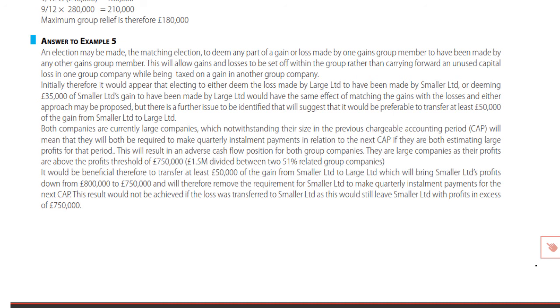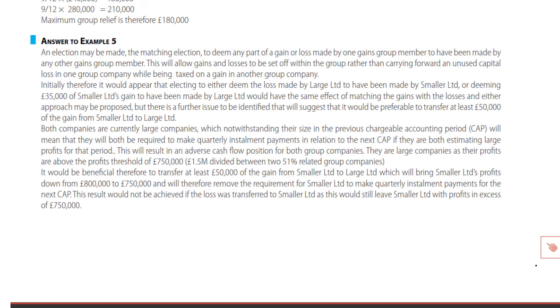So doing there with your gains, what you'd be doing with group relief of losses, whereby what are our objectives? We're trying to get relief at the earliest available opportunity. We are trying to ensure that we are able to get a cash flow advantage that way, and that cash flow advantage would also be achieved in terms of avoiding quarterly instalment payments.